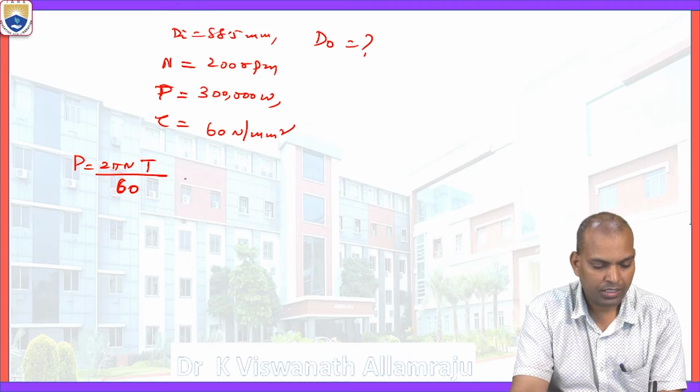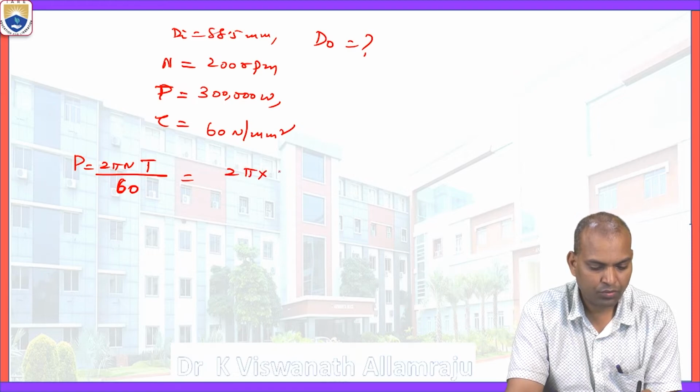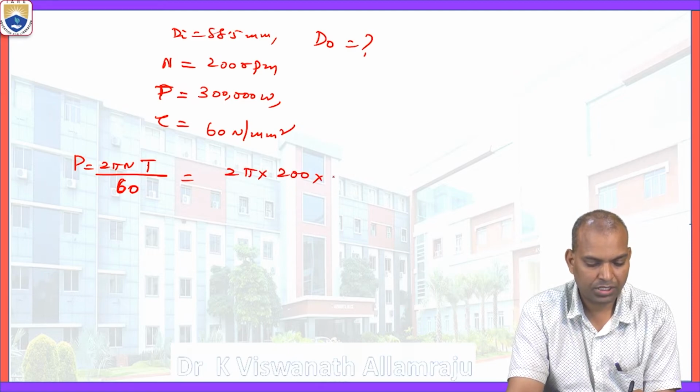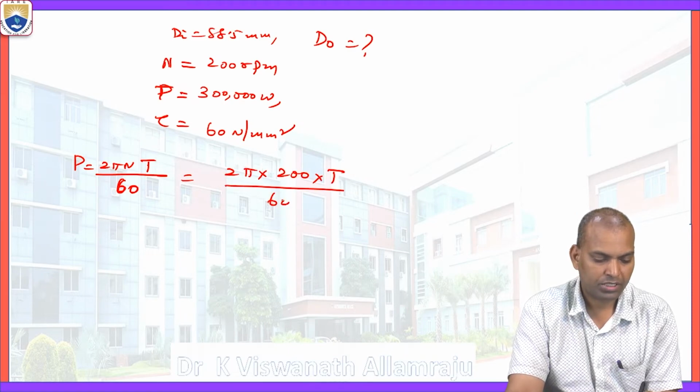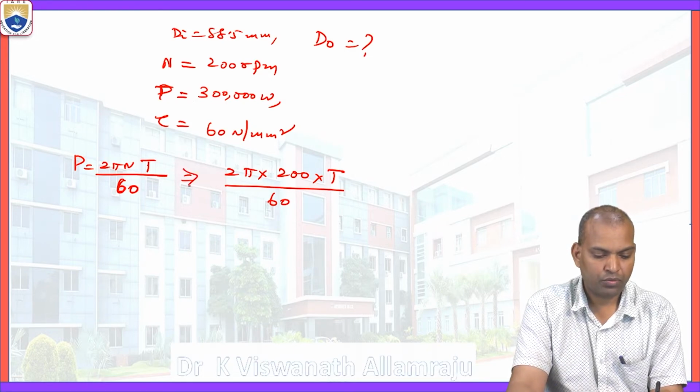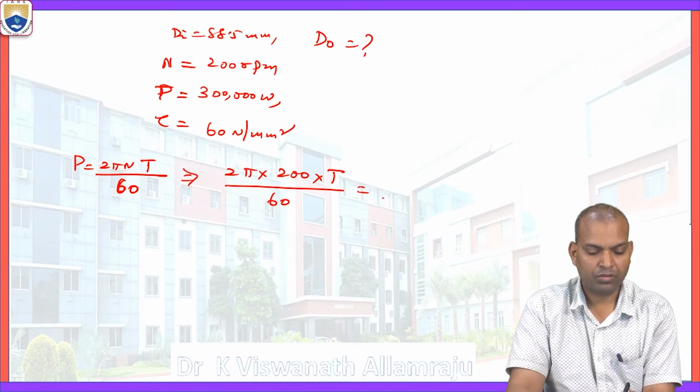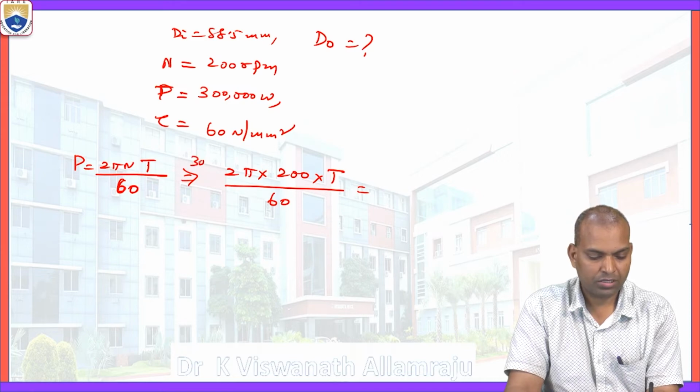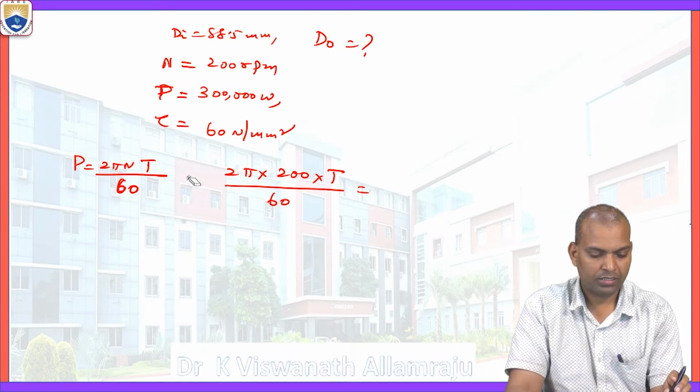Here 2 pi times, what is the N value here? 200 revolutions, capital T unknown, by 60. But from this we know the power. What is the power P equal to? The power P is 300,000 watts. Okay, let us begin here.